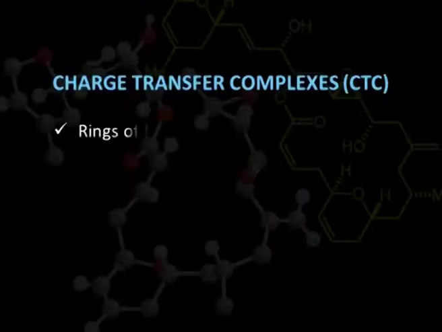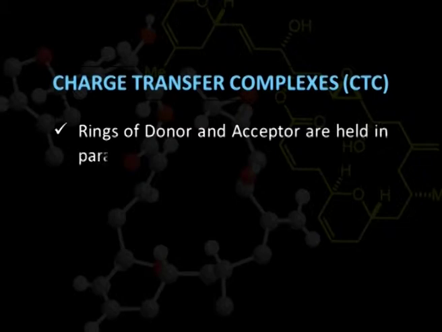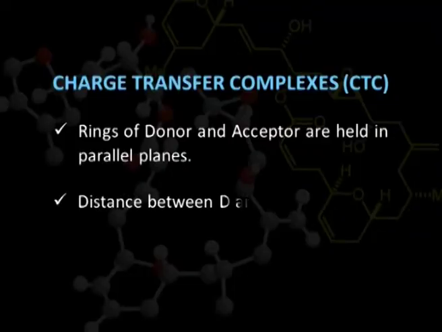In case of charge transfer complexes, the rings of donor and acceptor are held in parallel planes so that they can effectively interact with each other. They are kept at a distance between 3 to 3.5 angstrom.